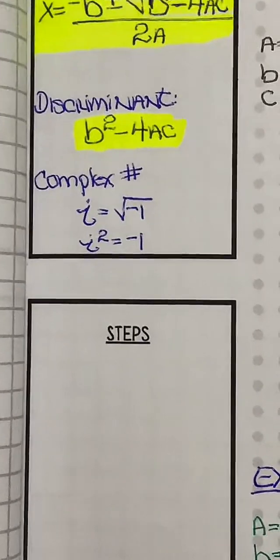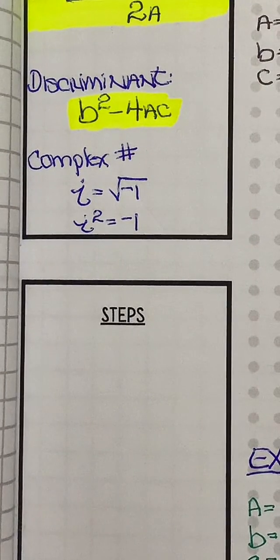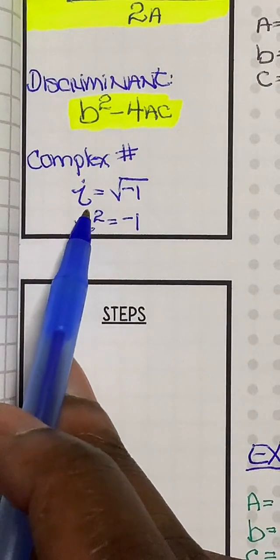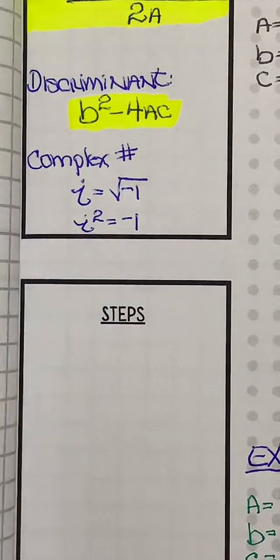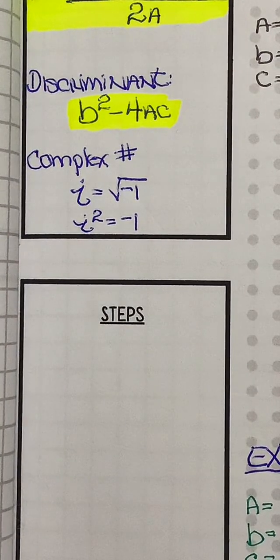Okay. So you're going to be dealing with something called, are you ready? The letter i. Yes, people, the letter i is actually a number, just like how the letter e is actually a number.